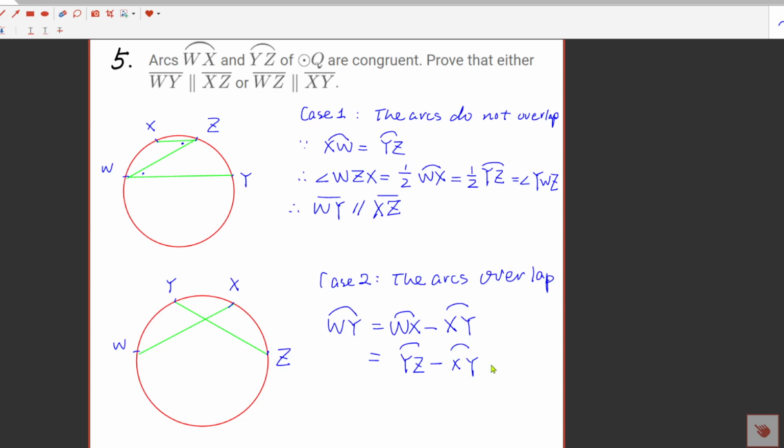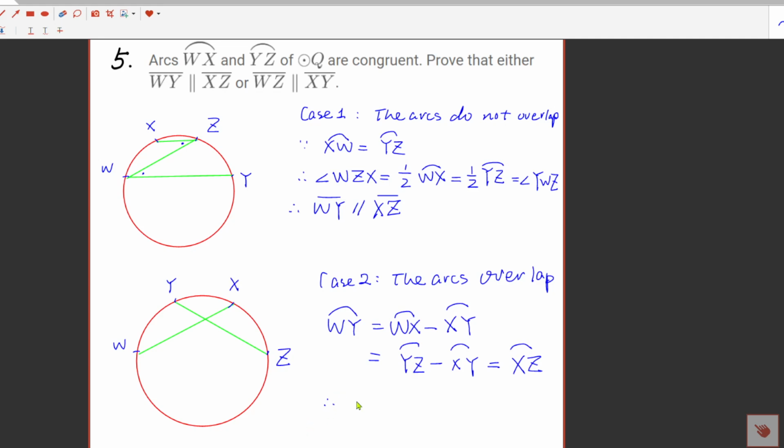And this gives us arc XZ. So we have also proved arc WY equals arc XZ. From this point, we can follow essentially the same proof as in the first case, right?